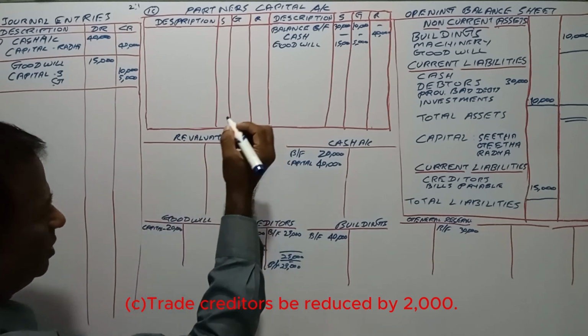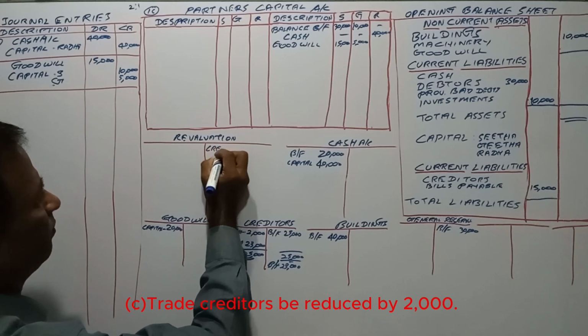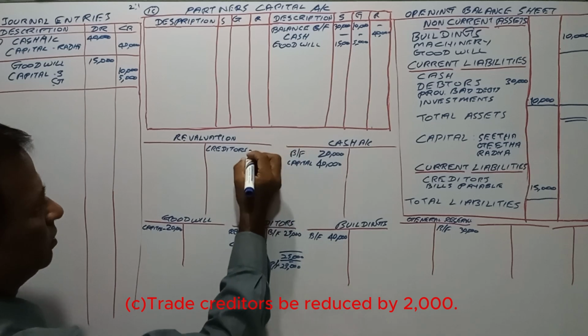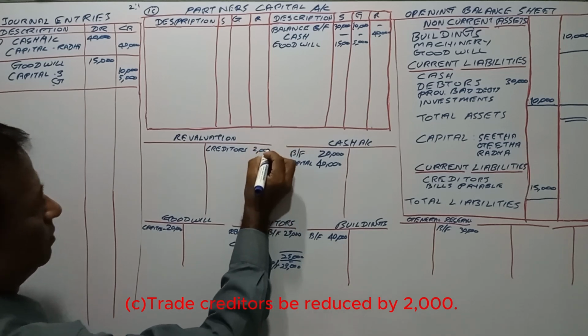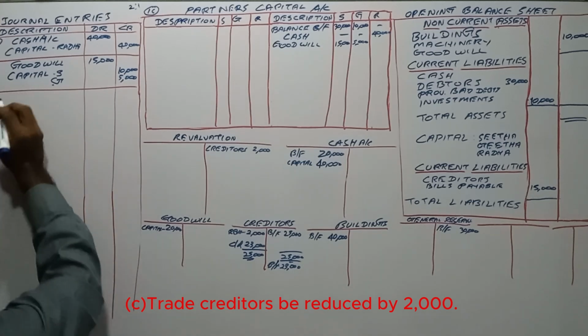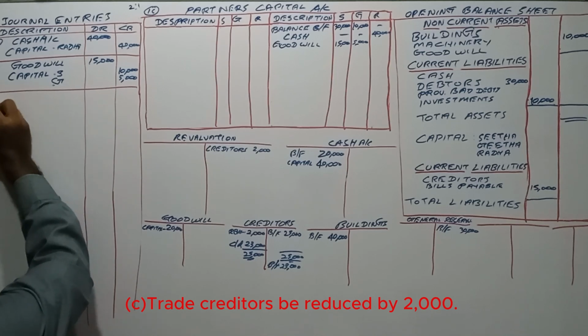Revaluation account, creditors, it is a profit of 2,000, right? So what is the entry for this? Creditors account debit.